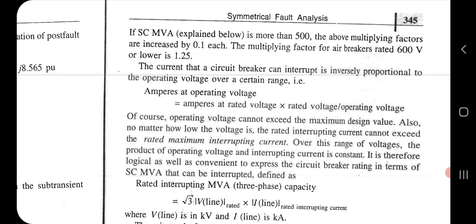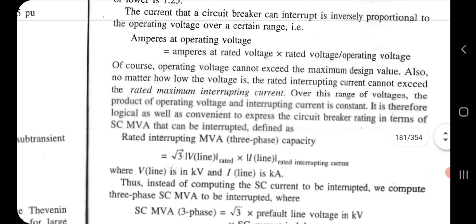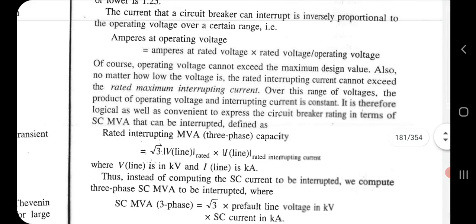So they have given some formulas also here. The amperes at operating voltage, that is amperes at rated voltage into rated operating voltage. Interrupting short circuit current is very important. Again they have calculated using these formulas. Rated interrupting MVA is root 3 into line voltage into current.